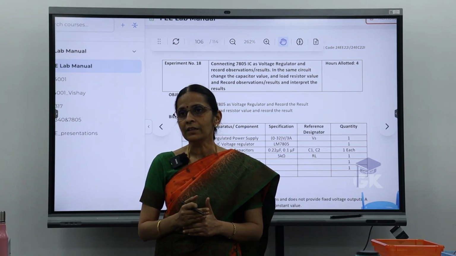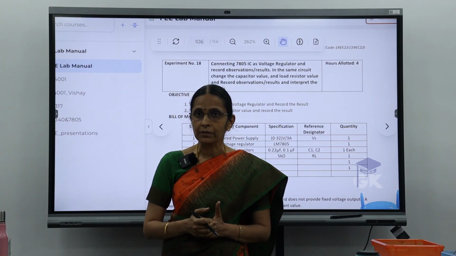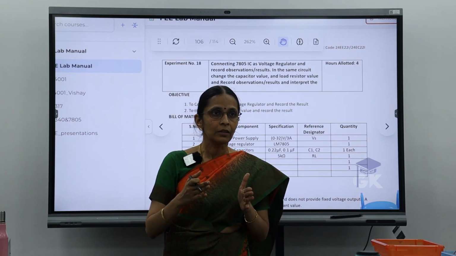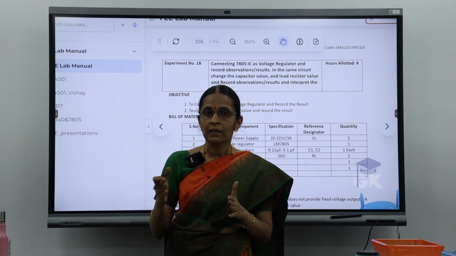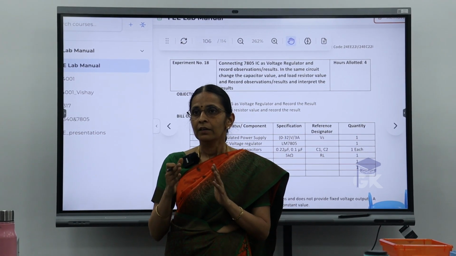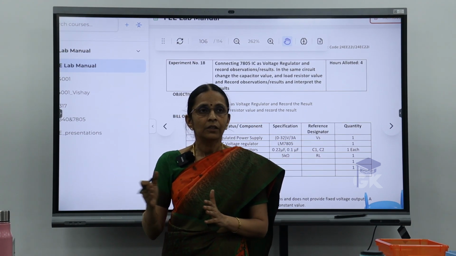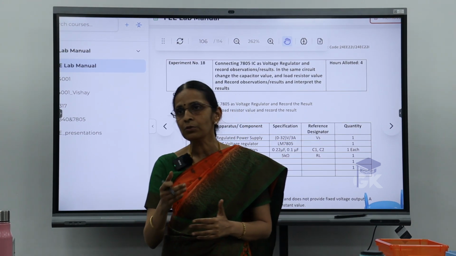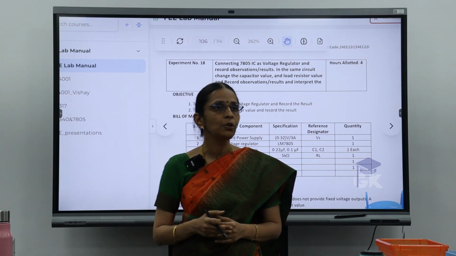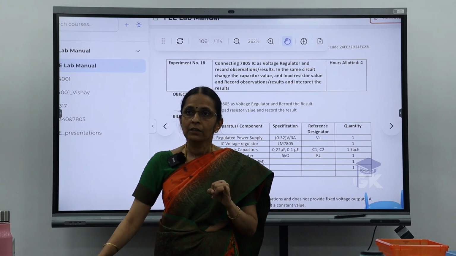Now to regulate this, what do we do? We go for what are called voltage regulators. If you can recall the block diagram of your power supply, we had the step down transformer followed by a rectifier, then a filter, then you had your voltage regulators. In the voltage regulators, we also saw what components could be useful for voltage regulation. Number one, Zener diode.